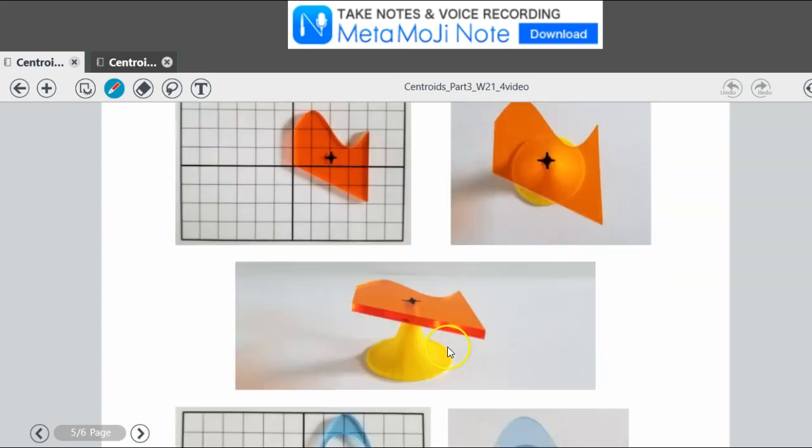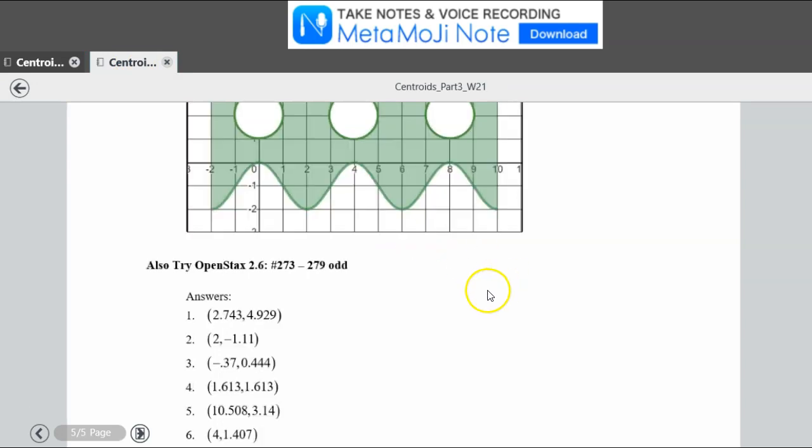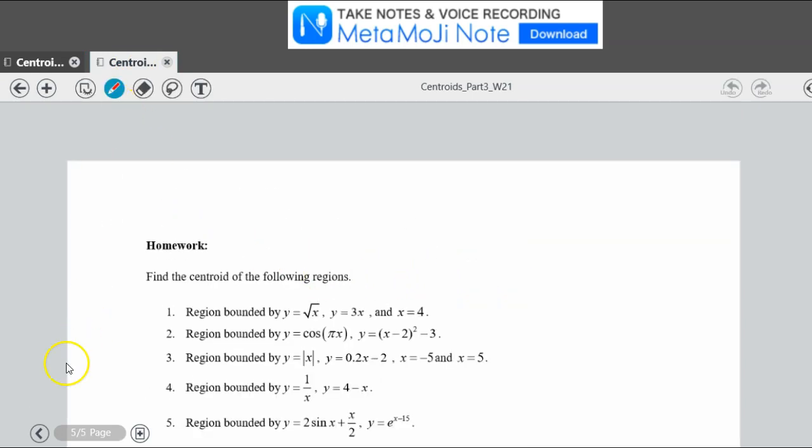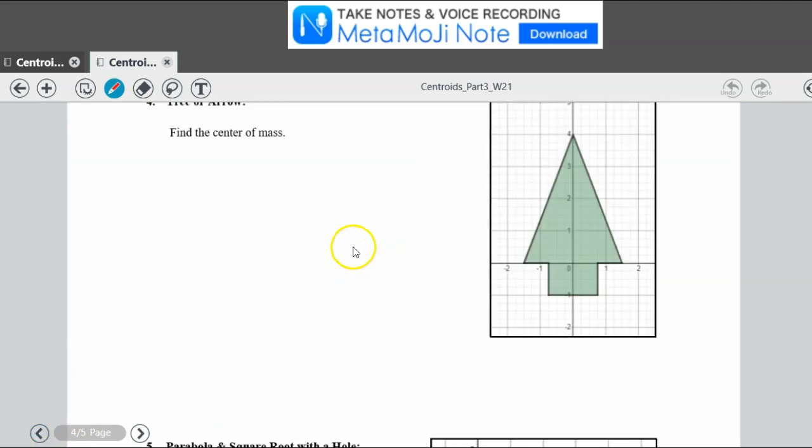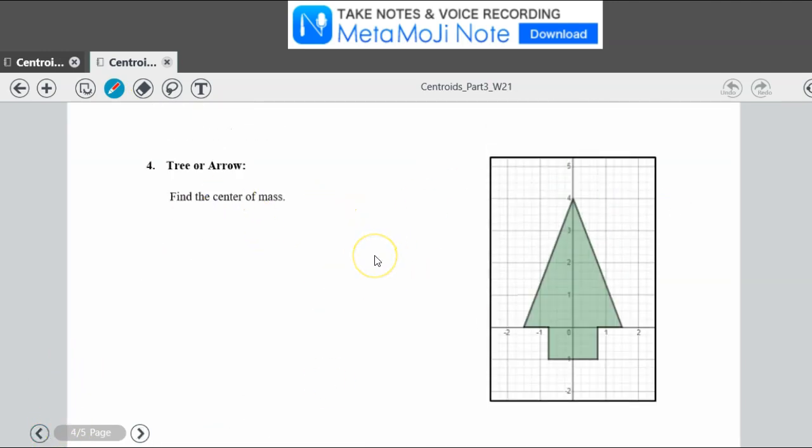All right, so that is it. Here's some homework you can try, but before we go, one hint on number 4. Just remember, with this one, you can split it into 2 triangles and a rectangle.